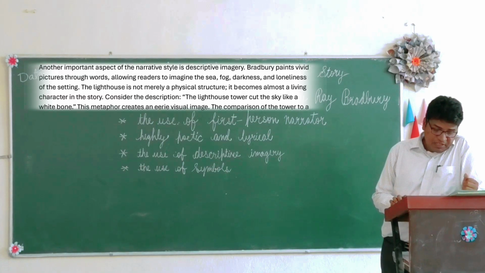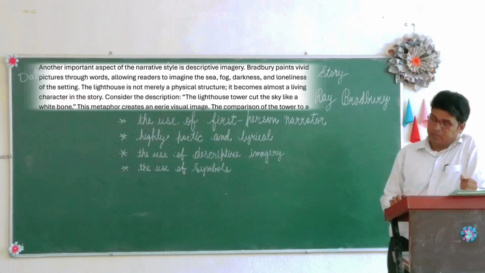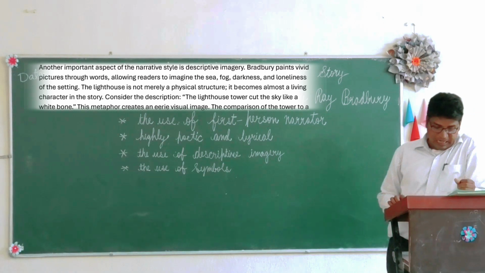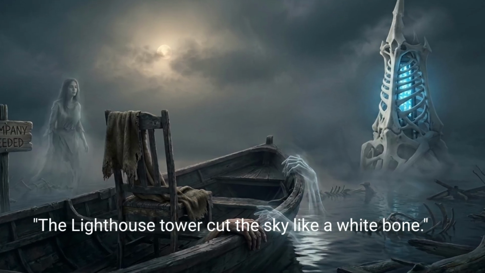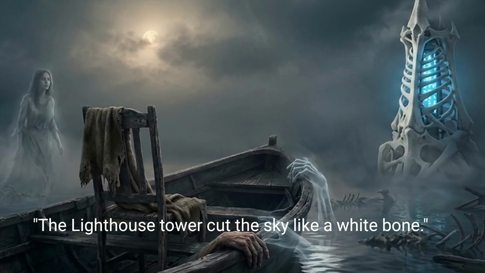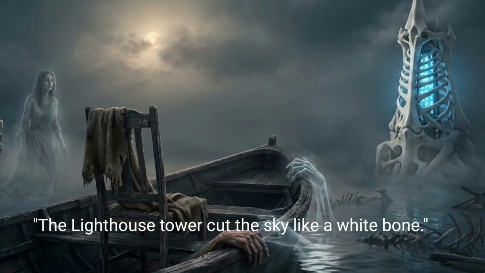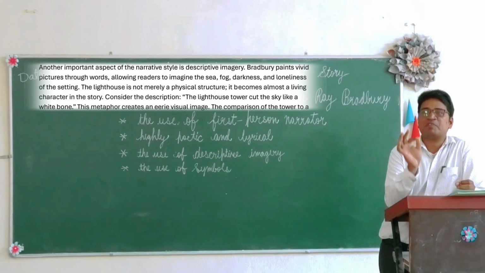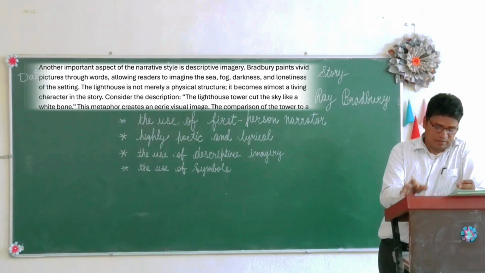We can consider this description from the text. The lighthouse tower cut the sky like white bone. This is the description from the text.